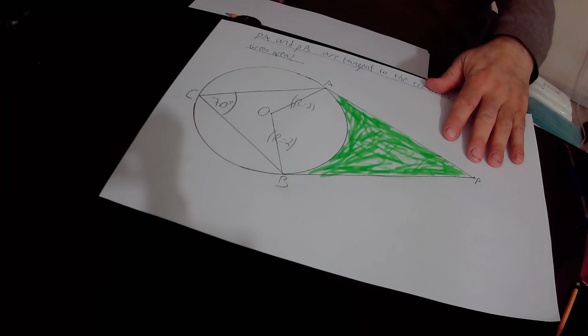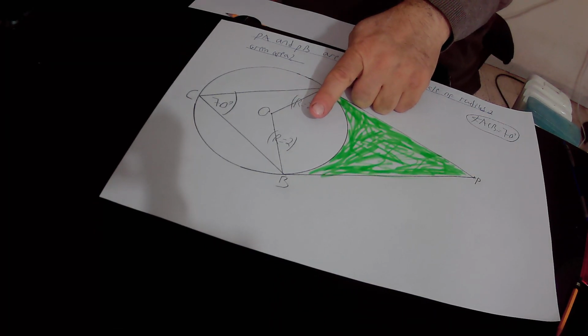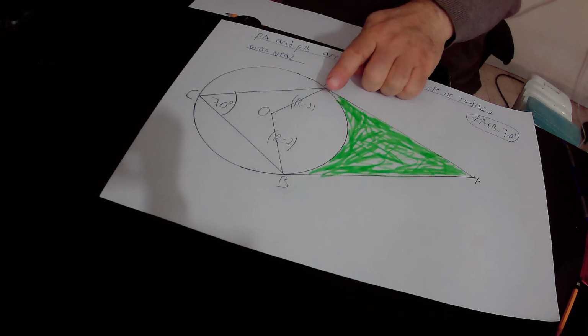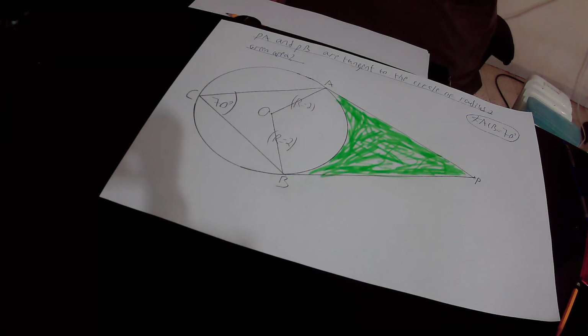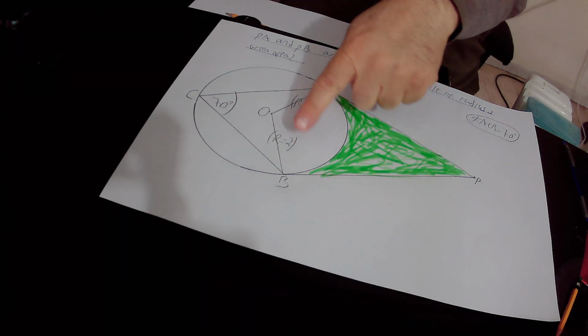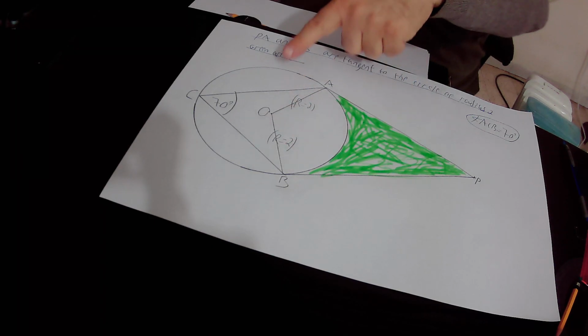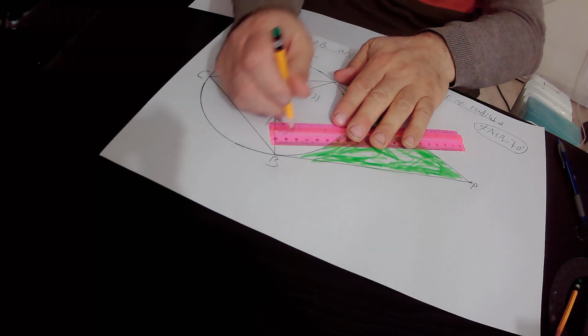Why? Because in our drawing we have the radius OB that is drawn to point B, the point of tangency of tangent PB with this circle. Whenever you have a radius drawn to the point of tangency, then tangent PB will be perpendicular to the radius BO. If PB is perpendicular to BO, it means that this angle equals 90 degrees.